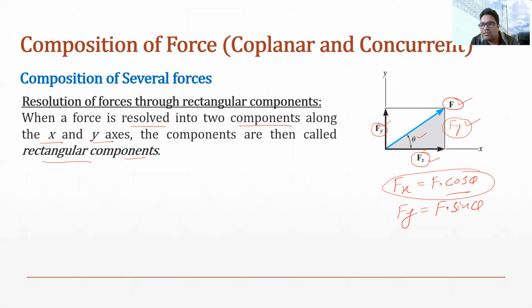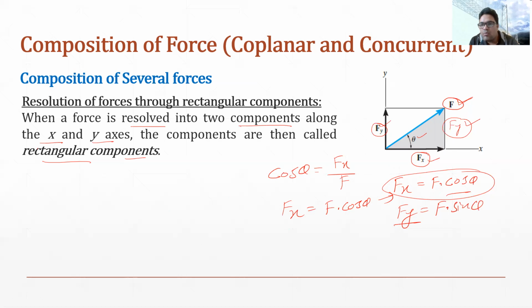So cos is base upon hypotenuse. The hypotenuse here is F and the base is Fx. So cos theta will be Fx upon F. I am writing here cos theta will be Fx upon F. So we can write Fx is equal to F cos theta, which is this one. In the same way, we can find out Fy.